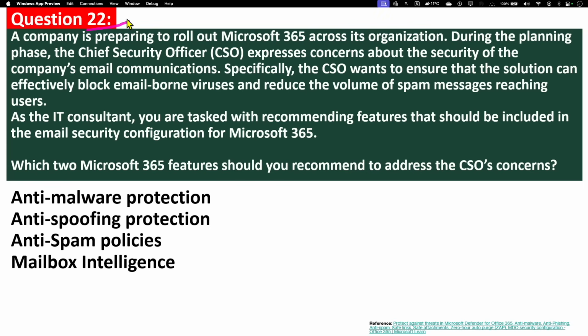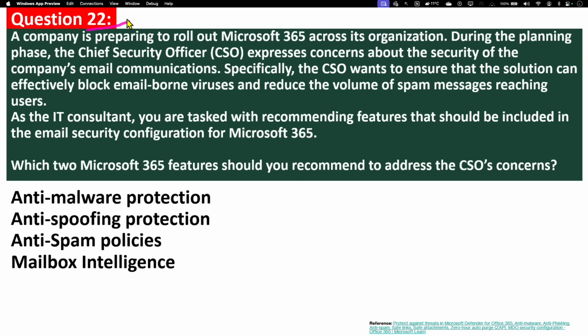Specifically, the CSO wants to ensure that the solution can effectively block email-borne viruses and reduce the volume of spam messages reaching users. As the IT consultant, you are tasked with recommending features that should be included in the email security configuration for Microsoft 365. Which two Microsoft 365 features should you recommend to address the CSO's concerns?